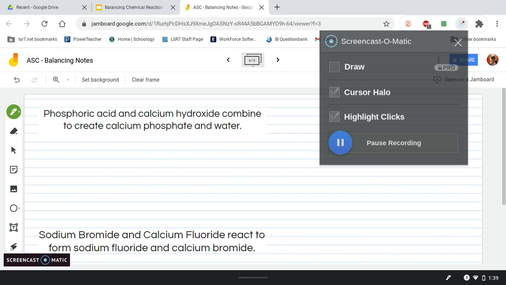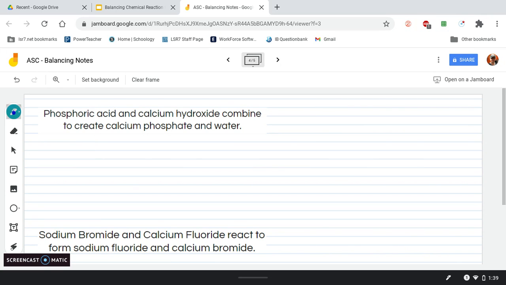So the phosphoric acid, one of those ones that hopefully you start to figure out, but it's hydrogen and phosphate, and phosphate's a -3, and hydrogen's a +1. So we'll go ahead and crisscross those, and we get H3PO4.